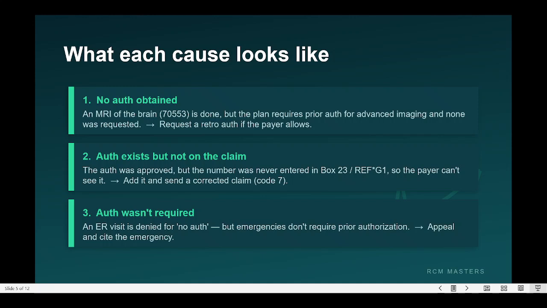You just add the auth number and send a corrected claim with a frequency code 7, like we covered last time. And for not required, an emergency room visit gets denied for no auth. But emergencies don't require prior authorization, so you appeal and cite the emergency.